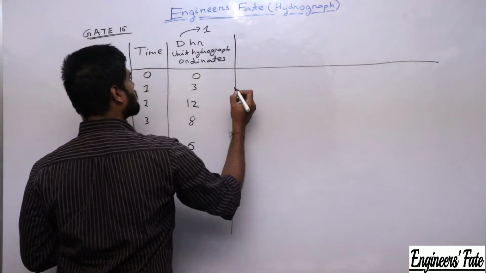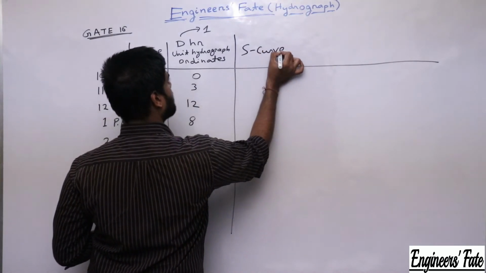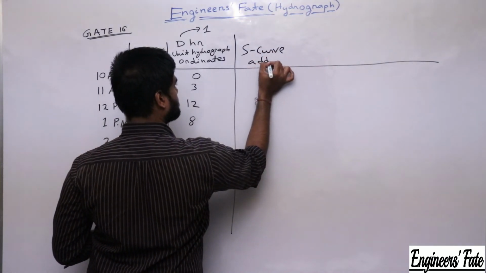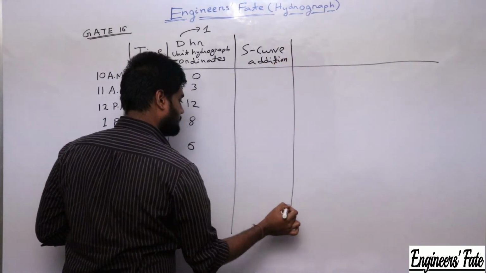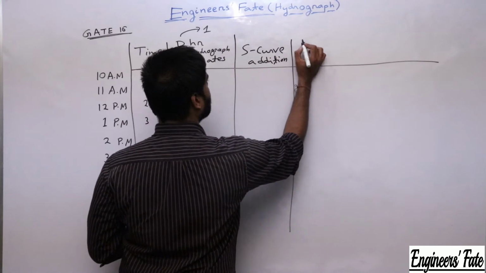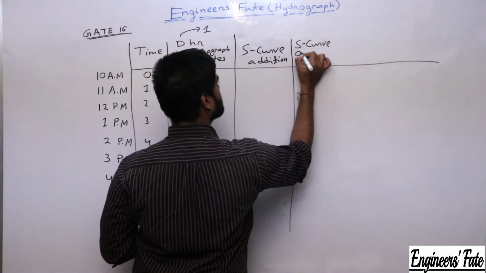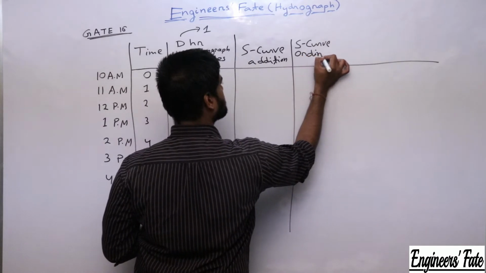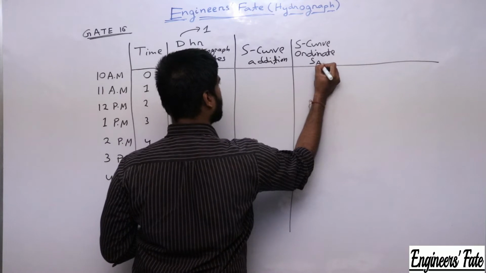So in the next column I can write S-curve addition. In the next column I can write the S-curve ordinate, and I can write the first ordinate as SA.